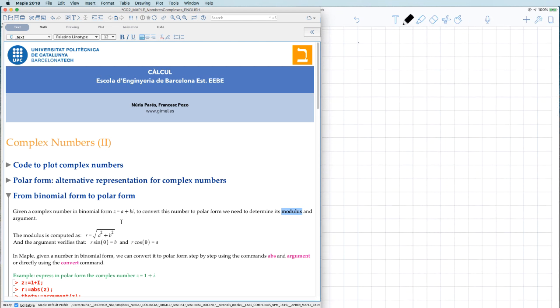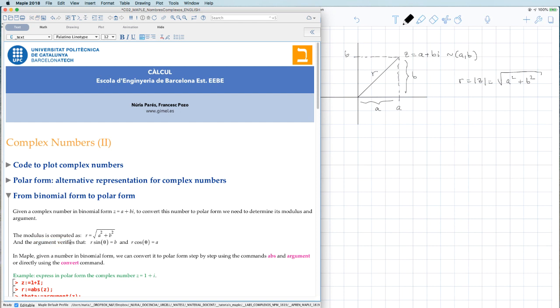So if I have a number now which is of the form a, b, okay, so we have this complex number a plus bi, which is equivalent to point a, b. We need to compute this distance, which is going to be r. R is going to be the modulus of z, and by the Pythagorean theorem, if this is a and this is b, we know that r is the square root of a squared plus b squared. Okay, so the modulus is computed by just using this formula.